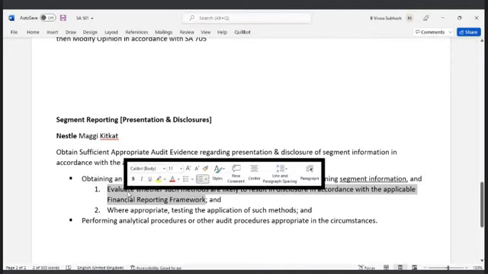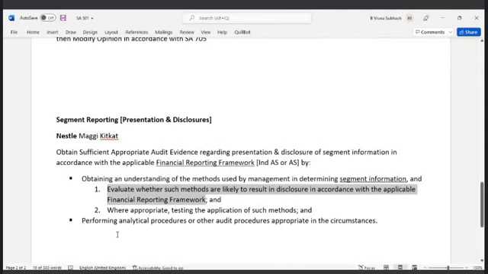There is one separate standard for segment reporting, both in Ind AS as well as AS. Whether the disclosure requirements are in line with that accounting standard or not is the first thing you need to check. And where appropriate, test the application of such methods.